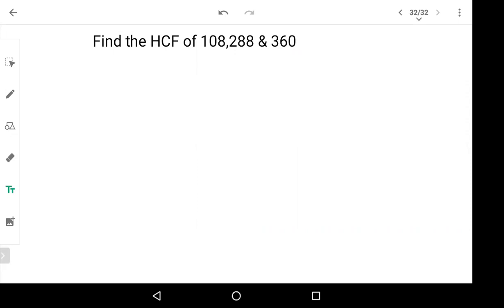So first solve 108 and 288, get the HCF, and then solve for 360 along with the HCF.